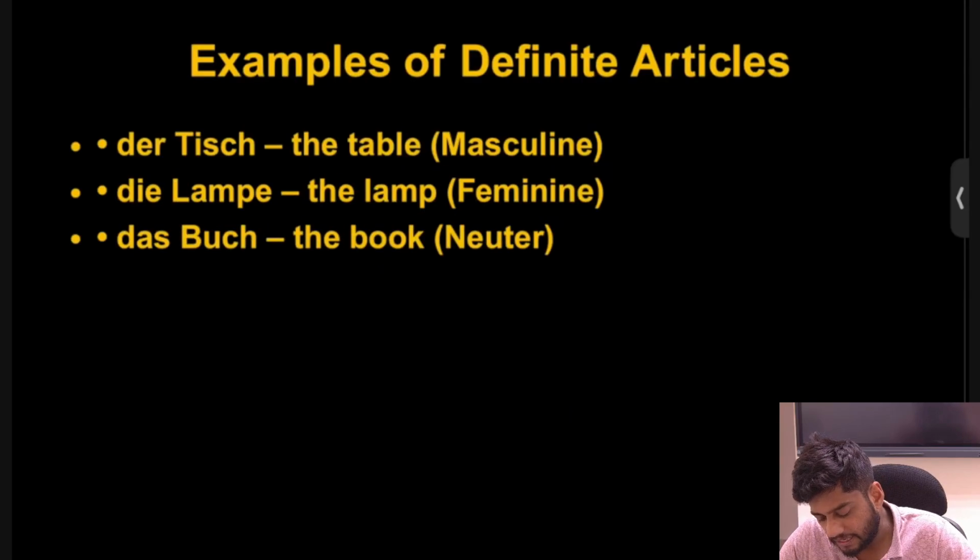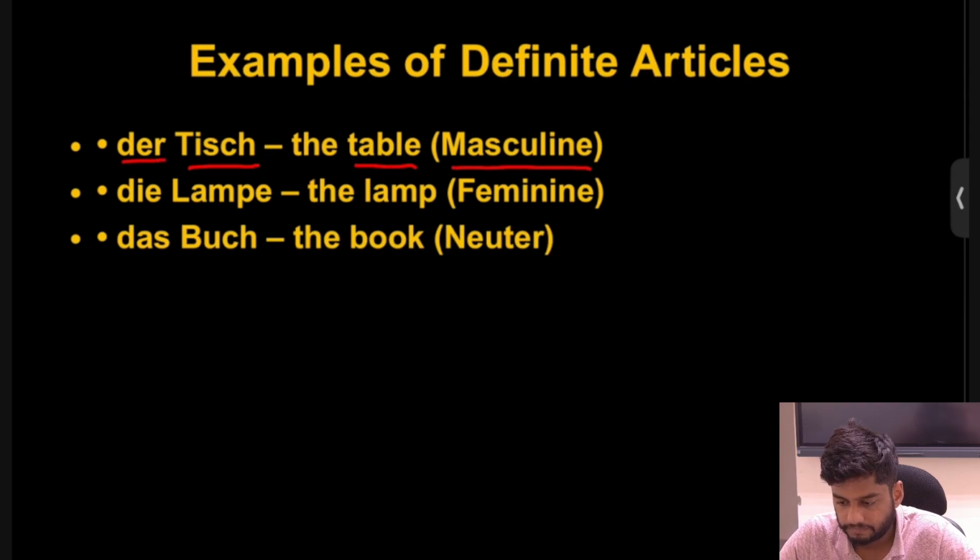Example of definite article. For example, Tisch meaning guys in German table. So you can think like Tisch, table, this is non-living, so we consider it das. No guys, in German they consider it masculine, that's why article is der. Okay, for example, Lampe is lamp.